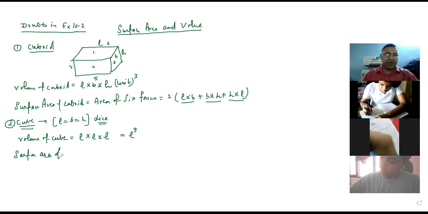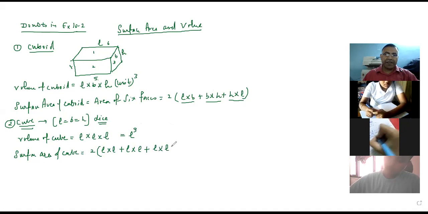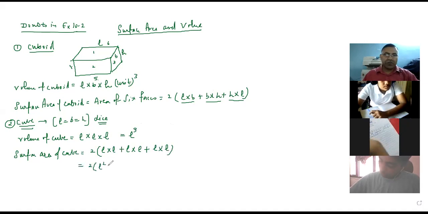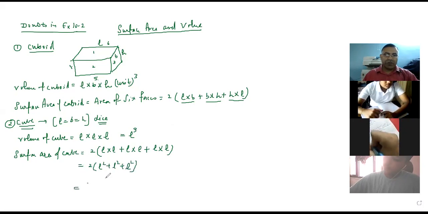Surface area of cube. The formula of the cuboid is 2(LB + BH + HL). I will write L times L for each, because length, breadth and height are equal. So this is 2(L square + L square + L square), which is equal to 2 times 3L square, which is equal to 6L square.